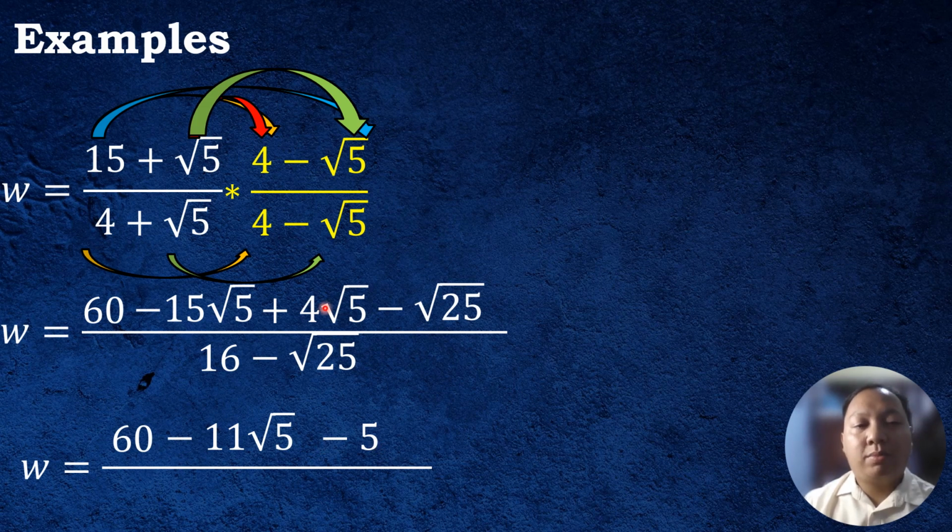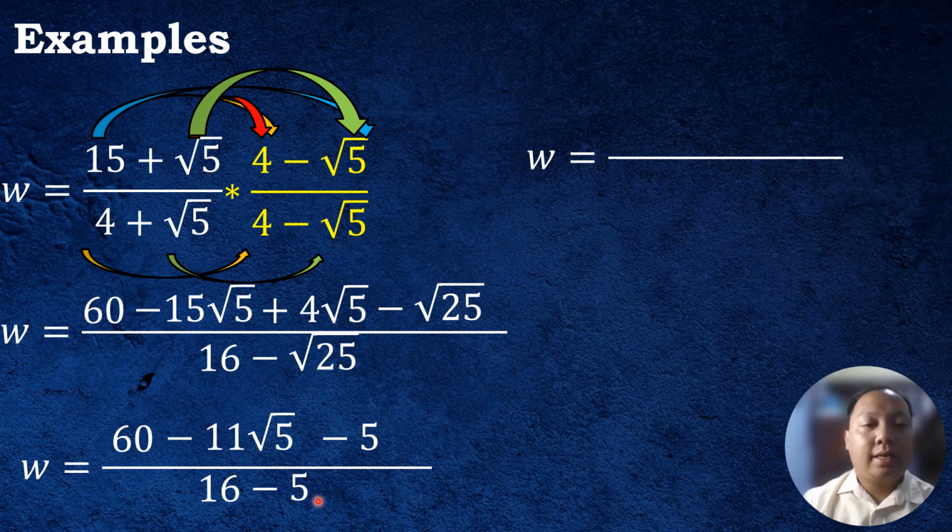Now, tapos na tayo sa numerator, sa denominator naman. Bring down 16. Then, minus, again, square root of 25 is 5. Kaya magiging negative 5. Again, let's proceed. 60 minus 5 is 55.